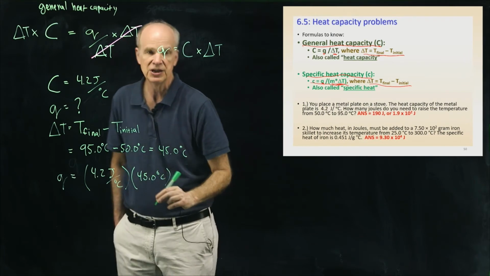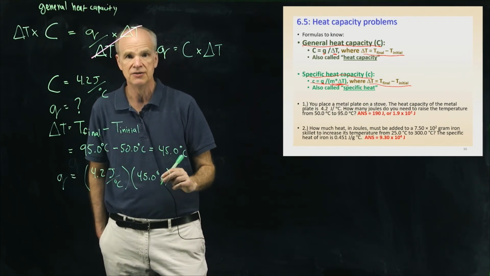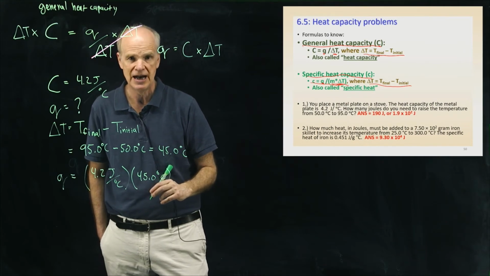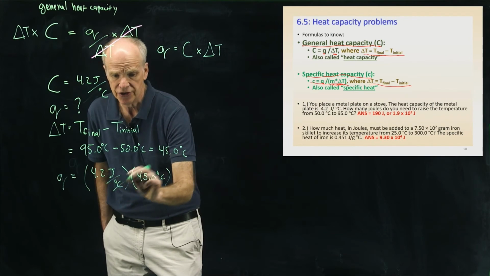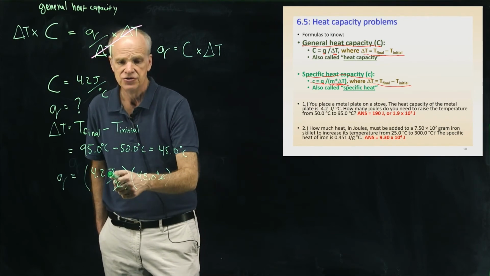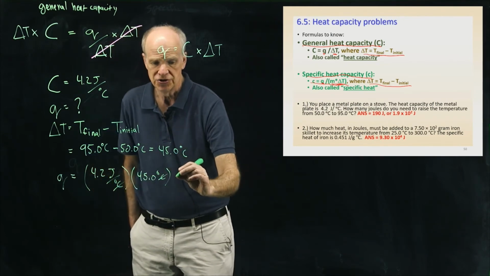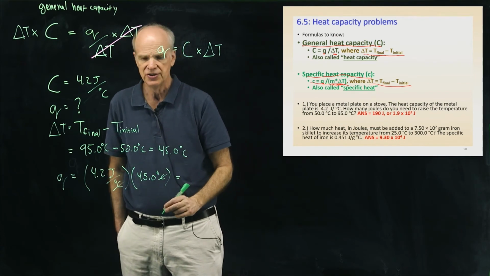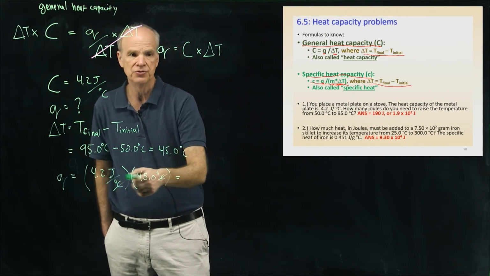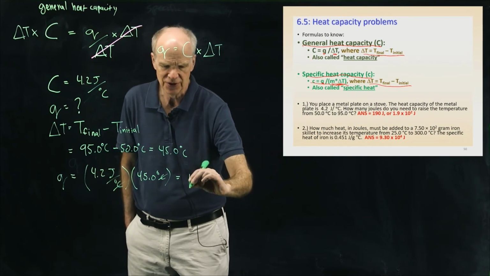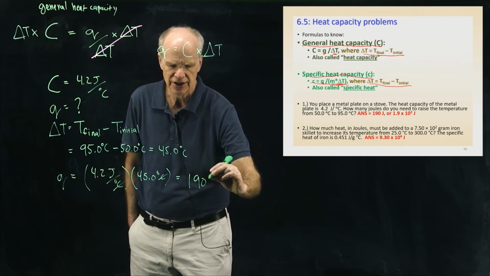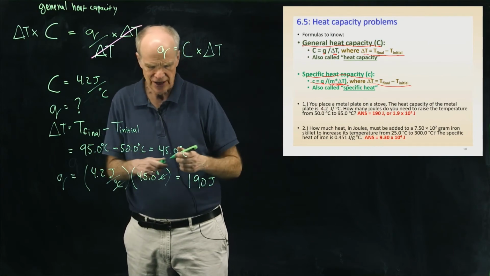One thing we can do is see if the appropriate units cancel out, leaving the ones we need our answer to be in. You can see degrees Celsius cancels out, joules does not cancel out, so we should get an answer in joules. The math is just 4.2 times 45, and to the correct number of significant figures, that turns out to be 190 joules. Okay, so that's the first one.